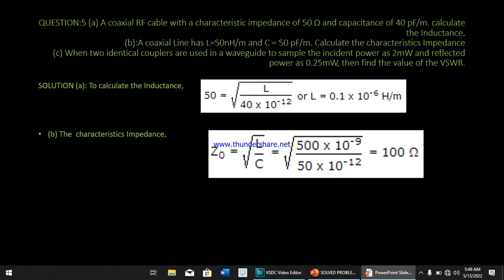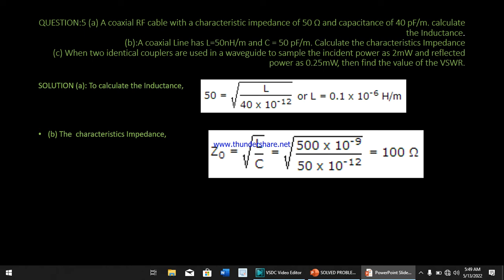So, given that the characteristic impedance of this coaxial cable is 50 ohm, and the capacitance is given to be 40 picofarad per meter. So by substituting into this formula, we have 50 is equal to the square root of L over 40 times 10 raised to power minus 12, which gives L to be 0.1 times 10 raised to power minus 6 Henry per meter.